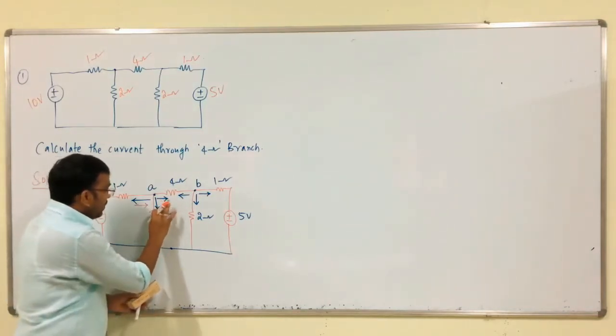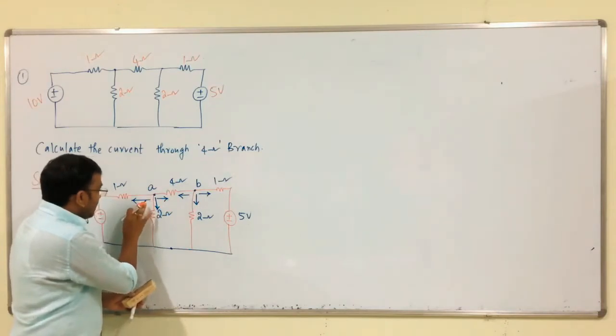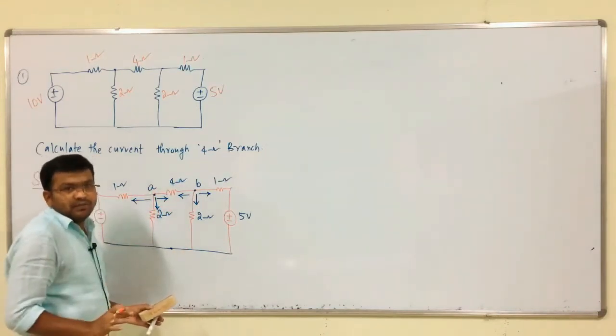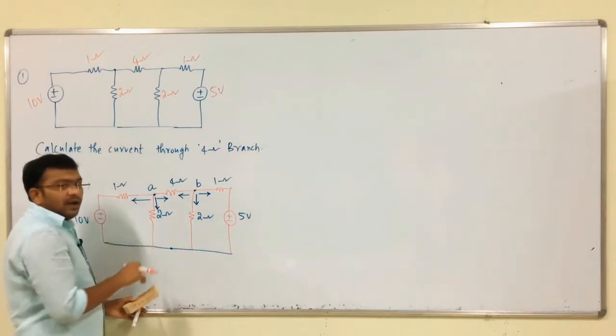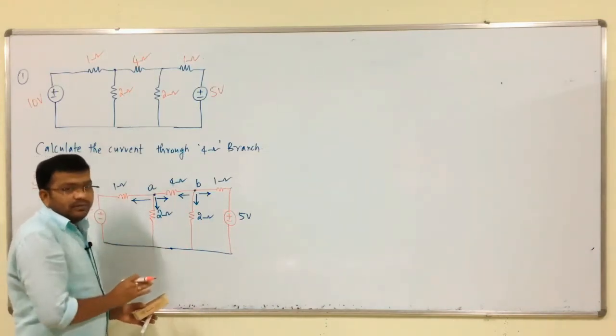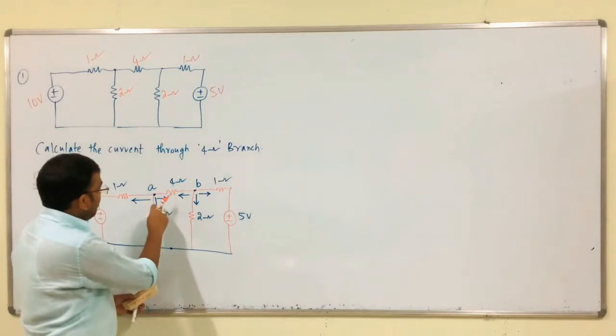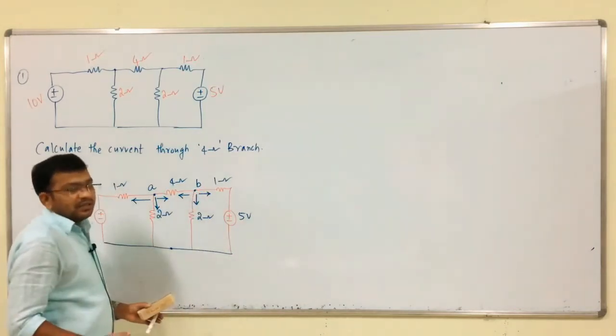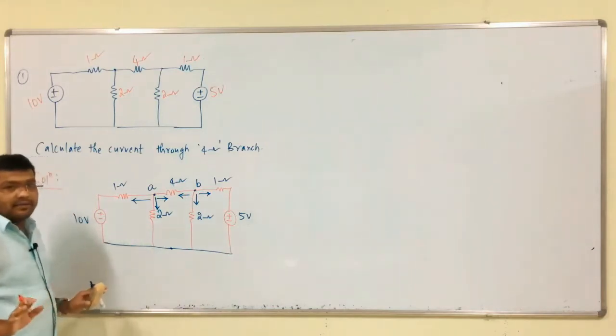Okay, but my assumption is like this: the summation of all currents at that particular node should be equal to 0. I am considering the current direction to be out of that node, leaving through these branches. Okay, clear.